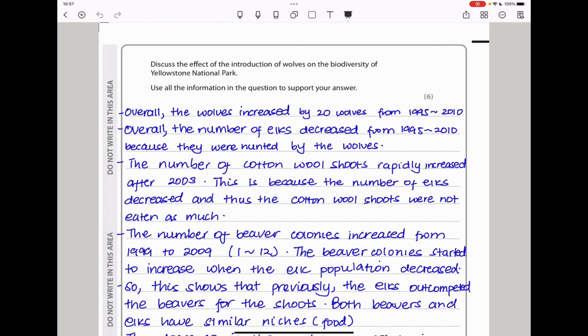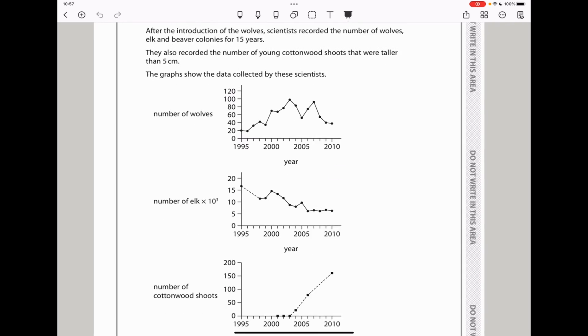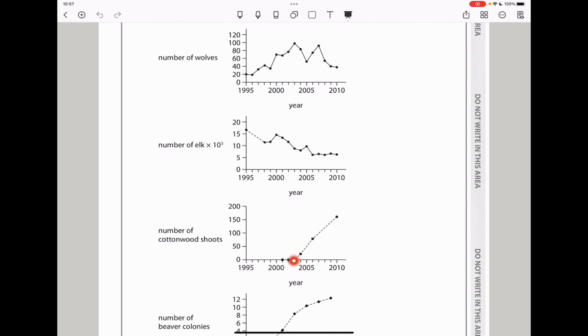Then also overall the number of elks decreased from 1995 to 2010 because they were hunted by the wolves. Remember, the wolves are the predators and the elks are the prey. Also, the number of cottonwood shoots rapidly increased after 2003. You'll observe that. Again, taking you back here, you can see from here, this is 2003.